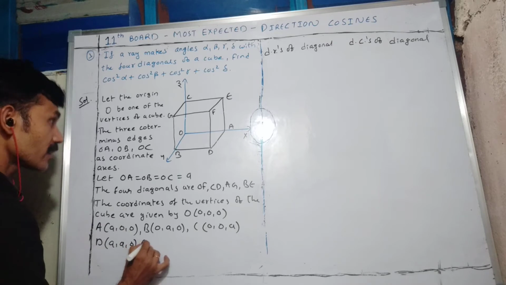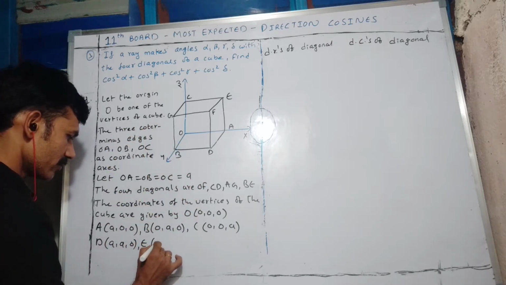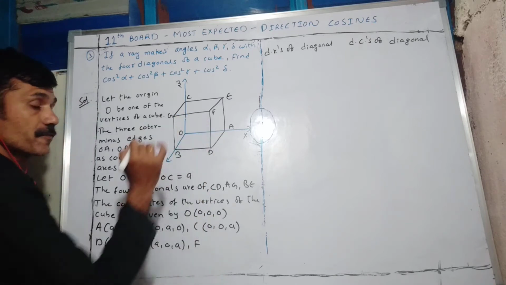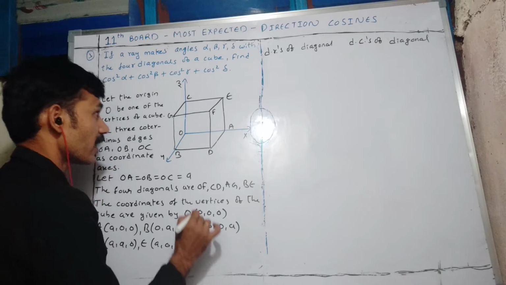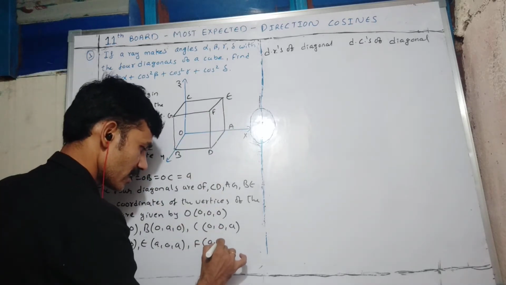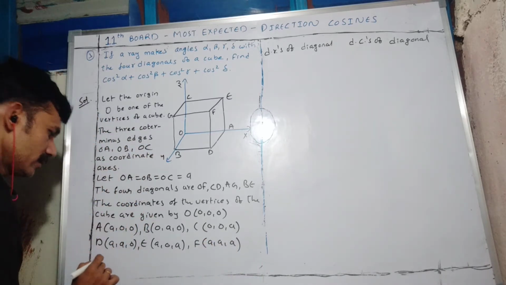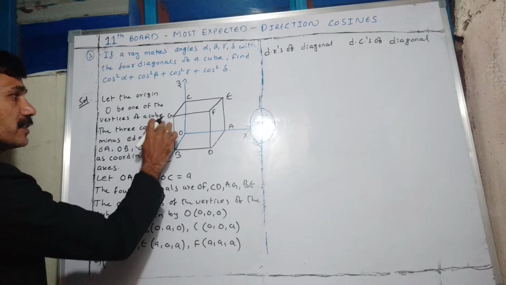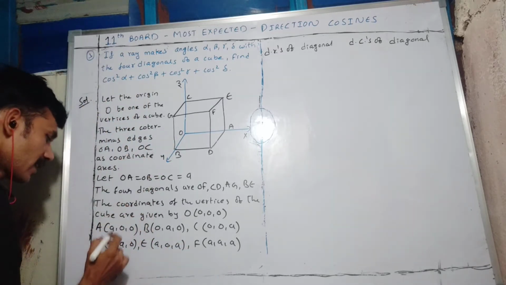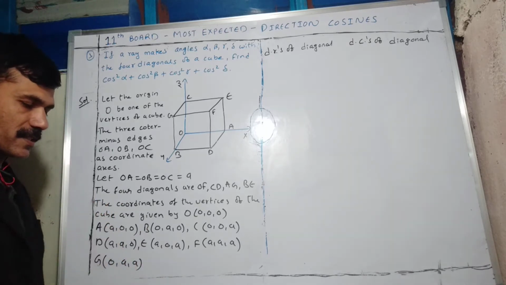E is on the xz plane, so y will be 0. Now F is in space, so this length is a, this length is a, this length is a. So a, a, a. And G is in the YZ plane, so x will be 0. So we wrote all the vertices.